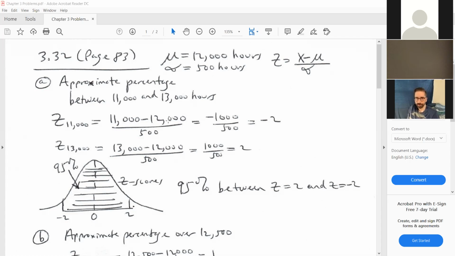It's 11,000 minus 12,000 divided by 500, which if you do the arithmetic, is -2. So relative to the mean of 12,000, 11,000 is 2 standard deviations to the left of the mean. That's what -2 means. For 13,000, we do the same arithmetic, plug it into the z formula, and we get +2. So this indicates that 13,000 is 2 standard deviations to the right of the mean.